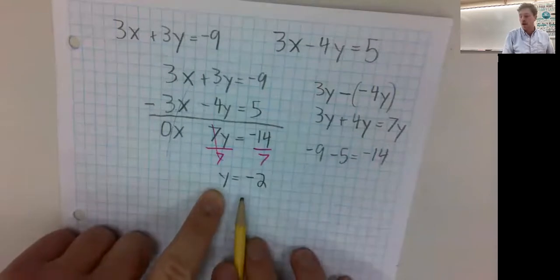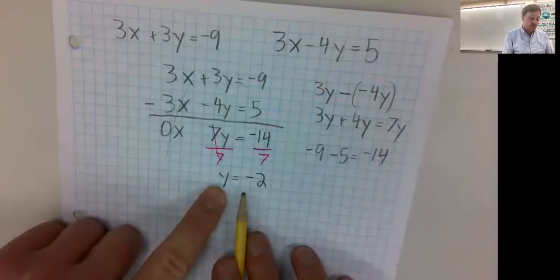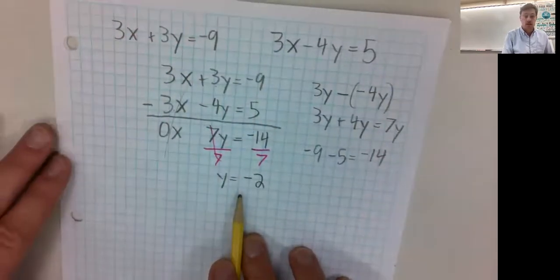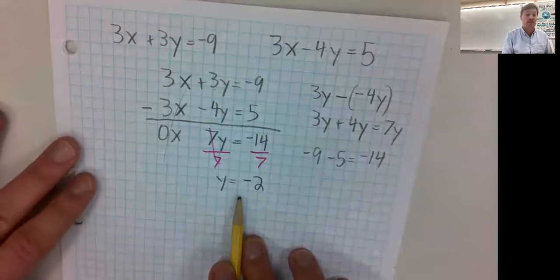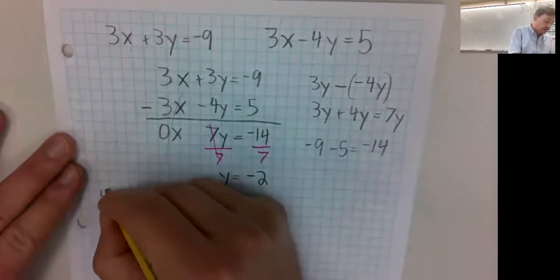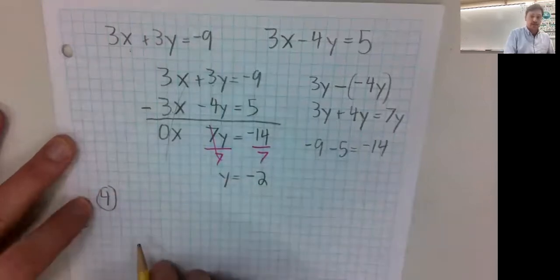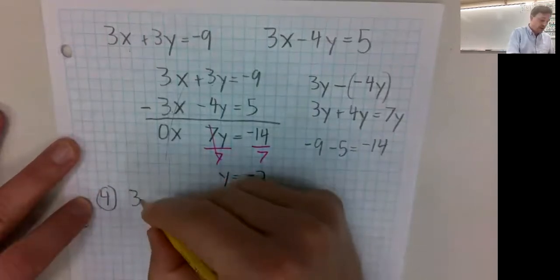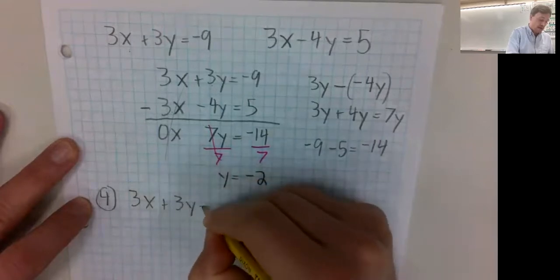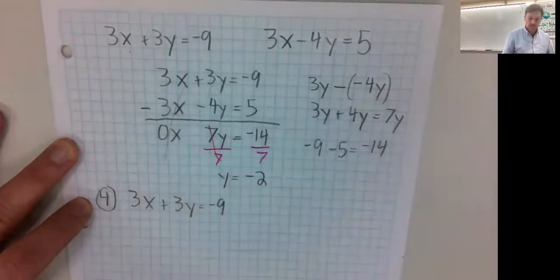So I'm on number 3. That was number 3. Number 4 is plugging this y value into any one of these equations and solving for x. Let's just pick this one. It does not matter. You could pick either one. I'm saying this is step number 4. I got 3x plus 3y equals negative 9.